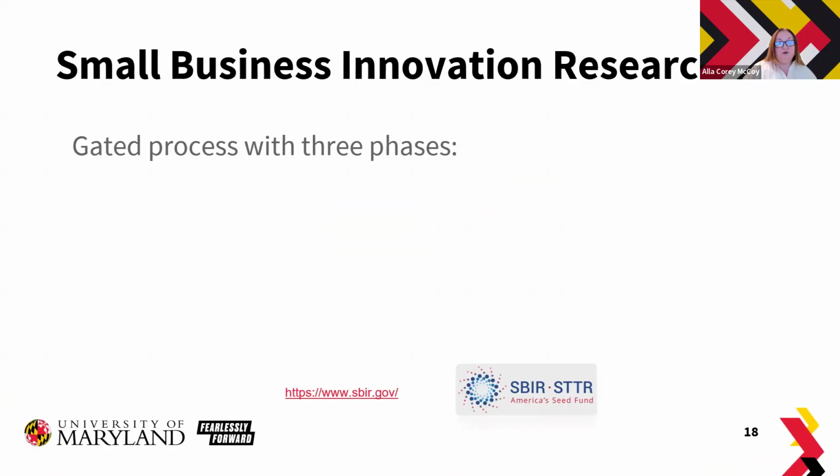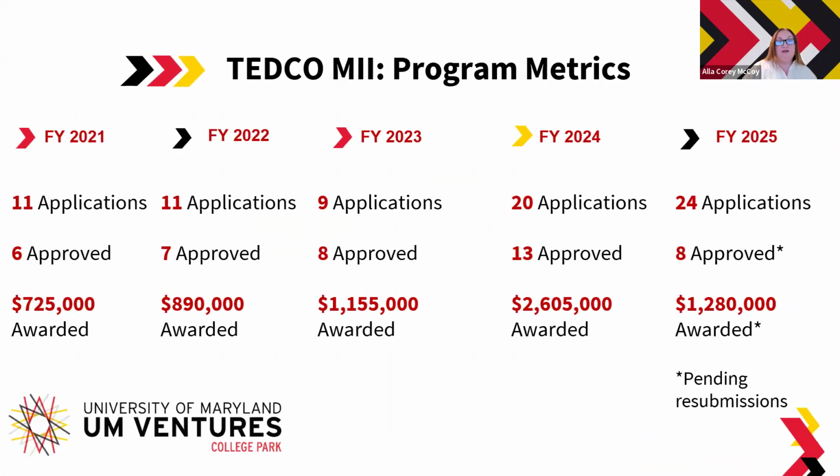So before we go further, the application process for Maryland Innovation Initiative: the applications are accepted quarterly. The next application deadline is October 15th. However, it is too late to start the application process for October 15th, as per TEDCO rules, you have to work with a SiteMiner for at least a month.